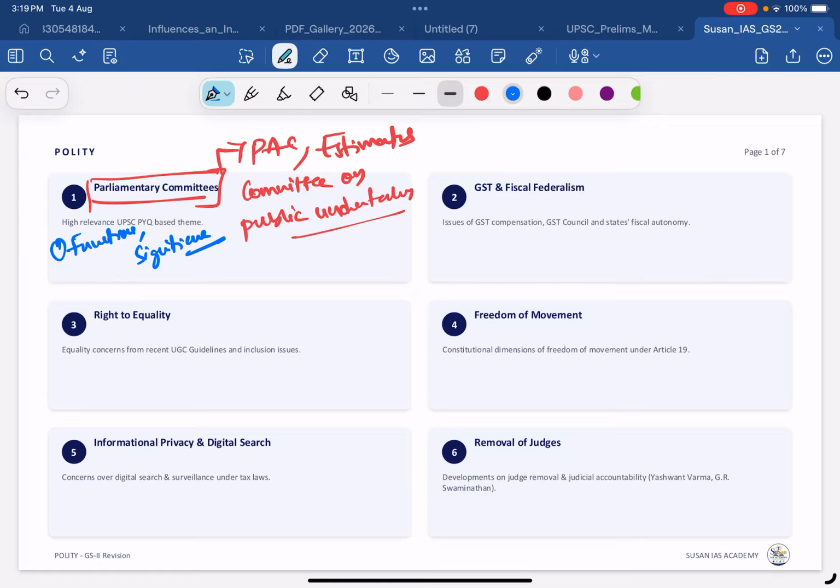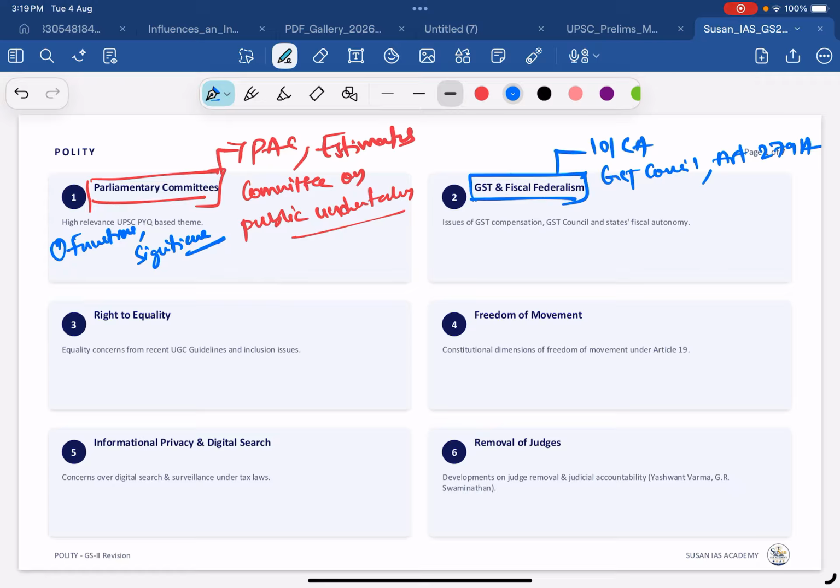And the second high probable topic we can refer to is GST and fiscal federalism. The constitutional basis of GST is the 101st Constitutional Amendment Act, the GST Council, and Article 279A.